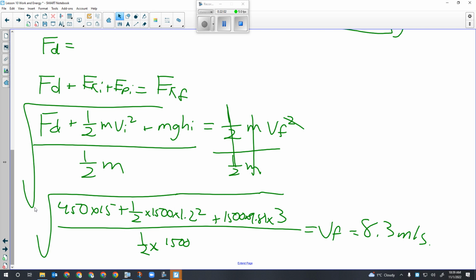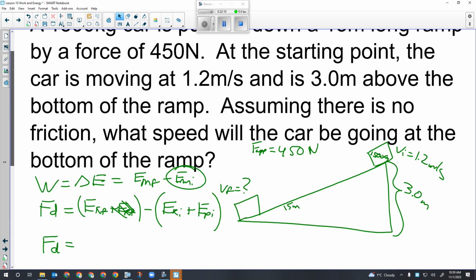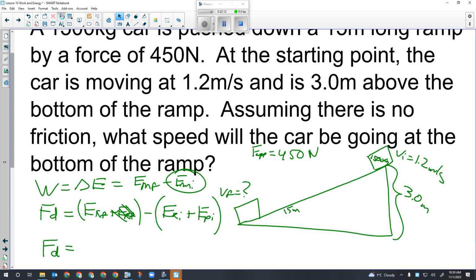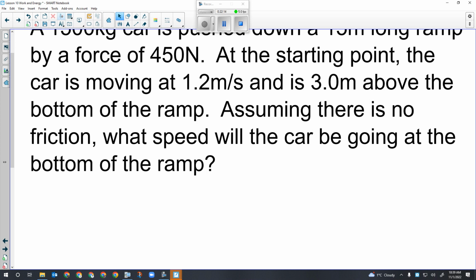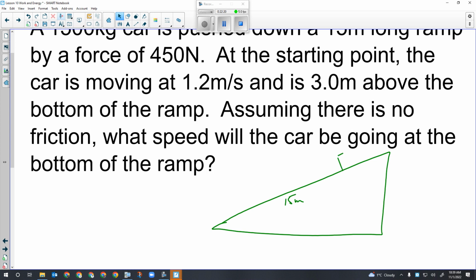Now, there was a second way to do this problem. Okay, and I'm just going to walk you through it here. So if I put that diagram back on there, this side's 15 meters, and this is 1,500 kilograms.